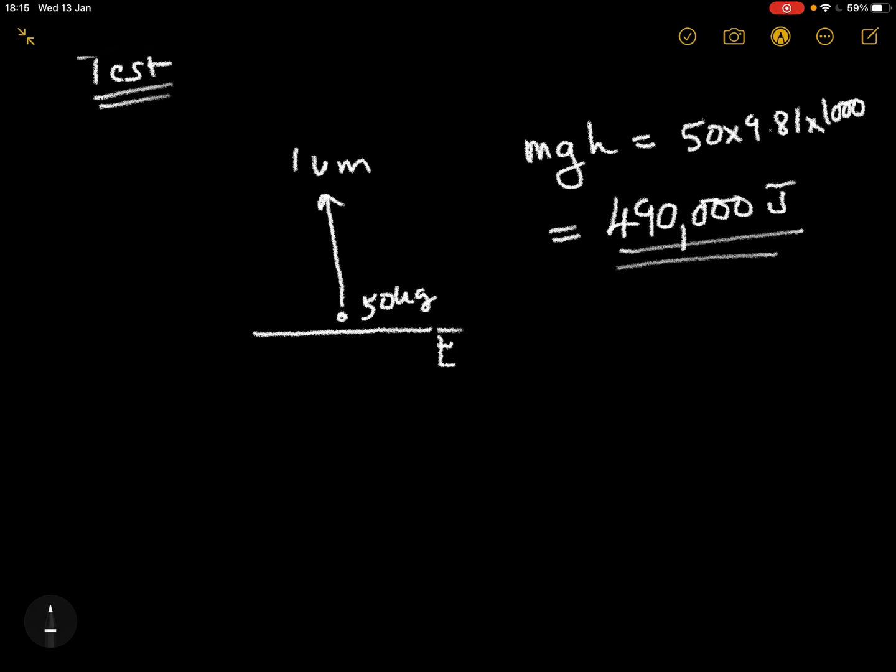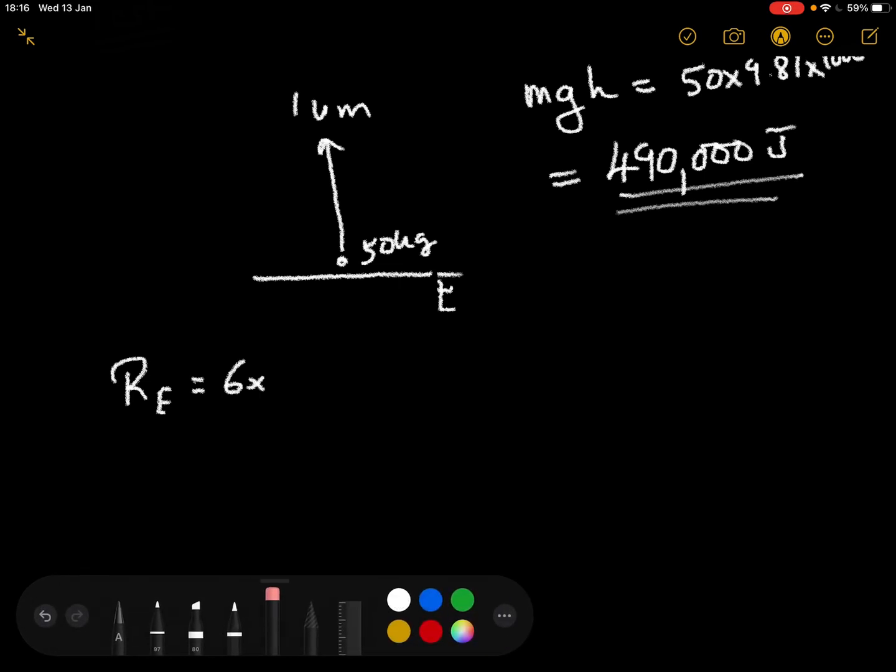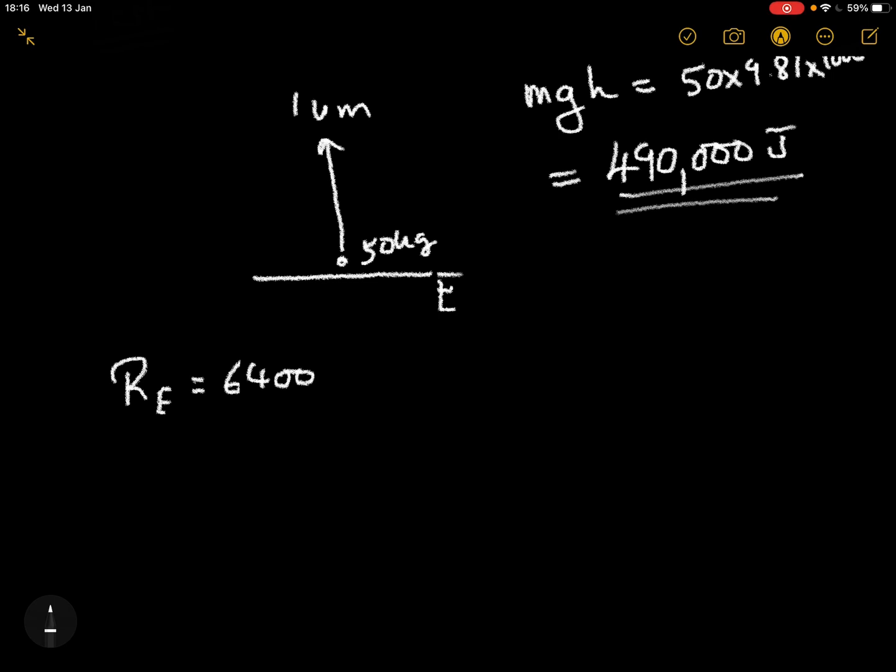If we're going to use the more formal way, we're going to use Newton's law of gravity, and we're going to use this version of it. Well, we're still expecting the same number because 1 kilometre isn't very big compared to the radius of the Earth. But let's deal with our calculations. Radius of the Earth is 6,400 kilometres, or 6,400,000 meters.